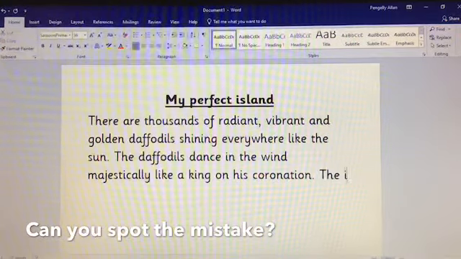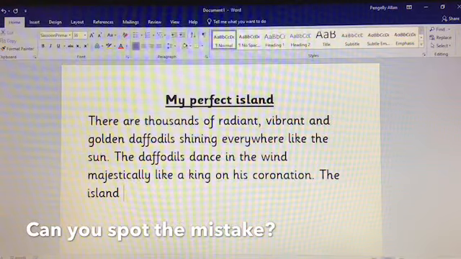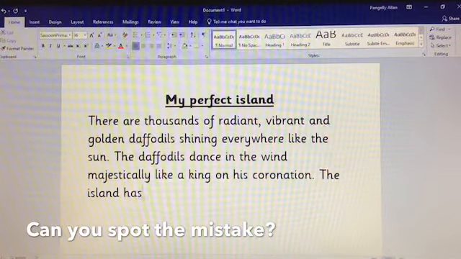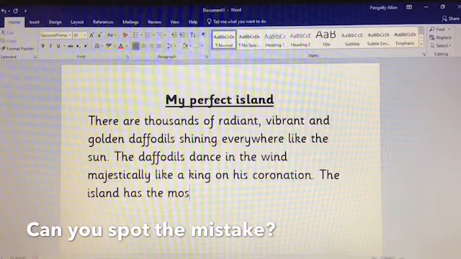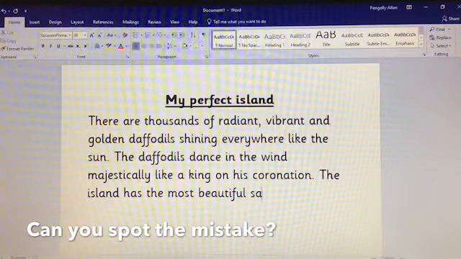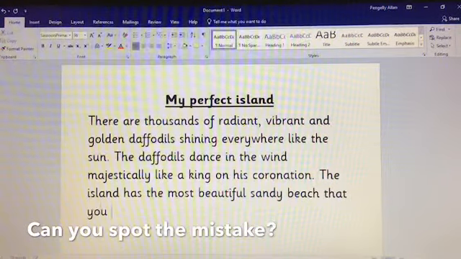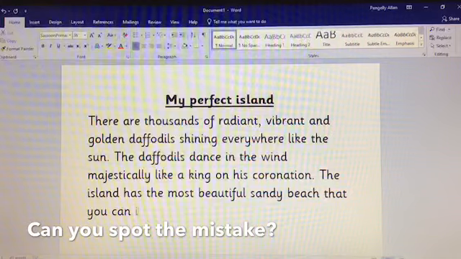So the island has the most beautiful sandy beach that you can imagine.